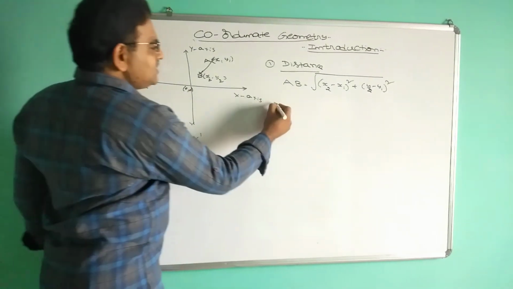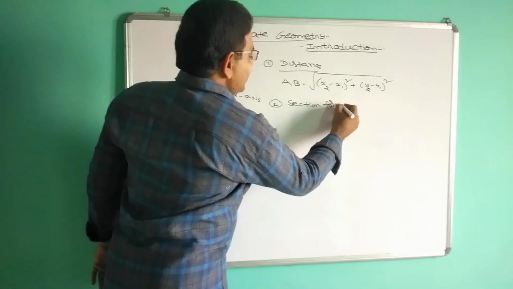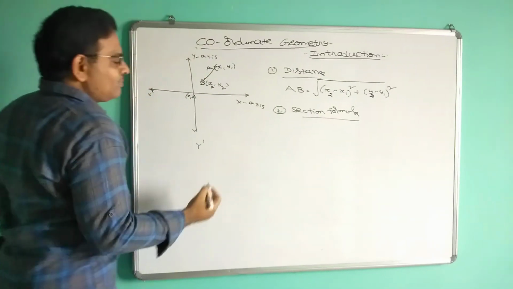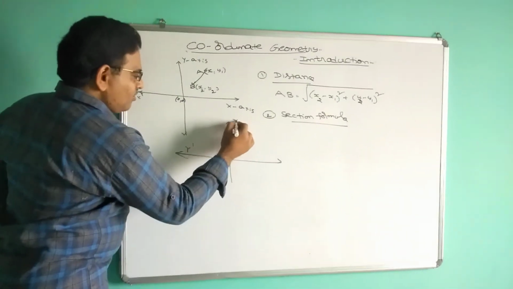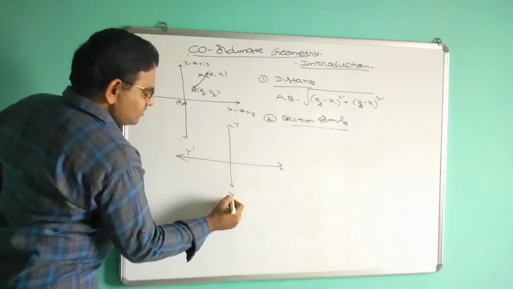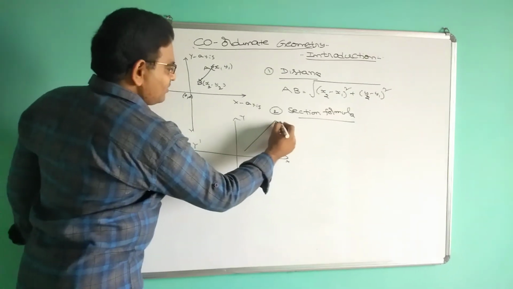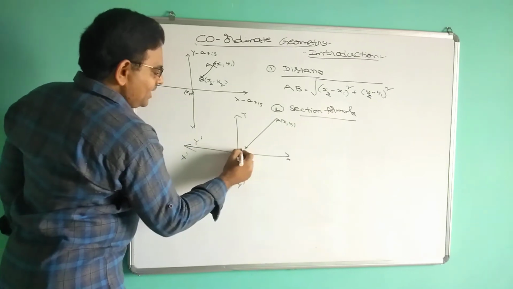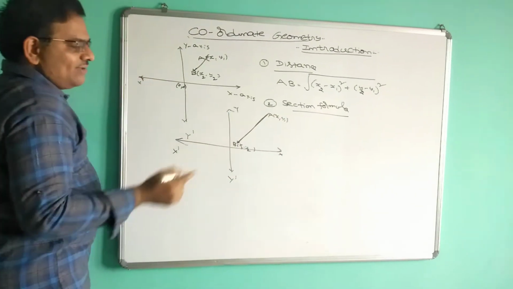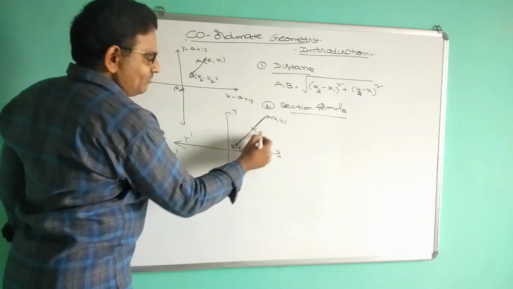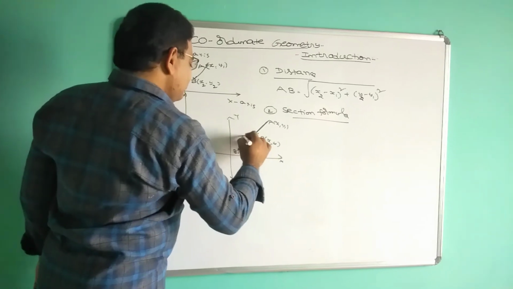The next formula is the section formula. Second one is the section formula. What is the meaning of a section formula? Here y-axis, x-axis, y dash, x dash. There are 2 points A(x1, y1), B(x2, y2). Any one more point P(x, y) divides AB in the ratio m is to n.